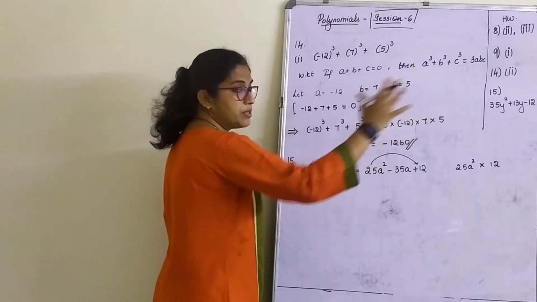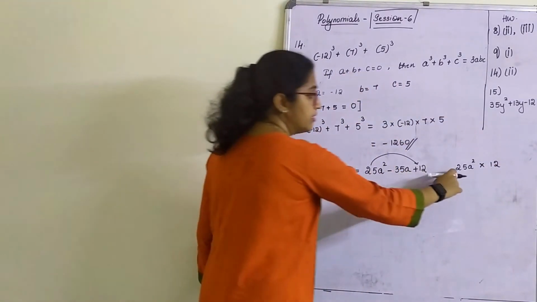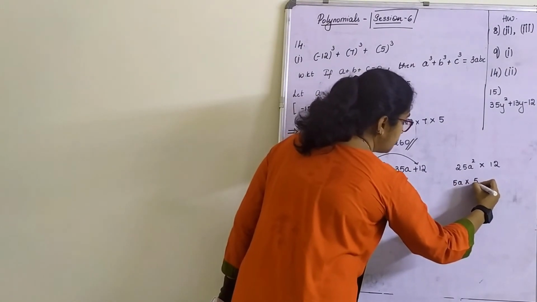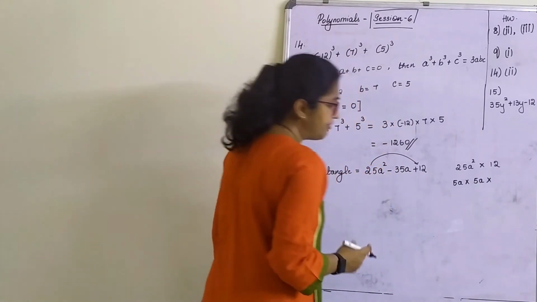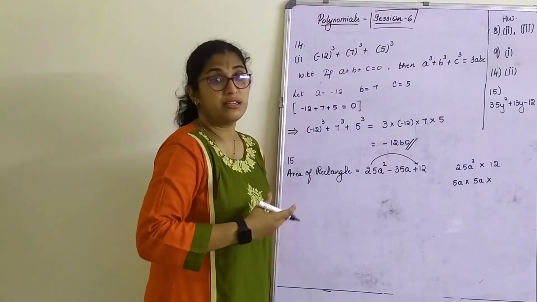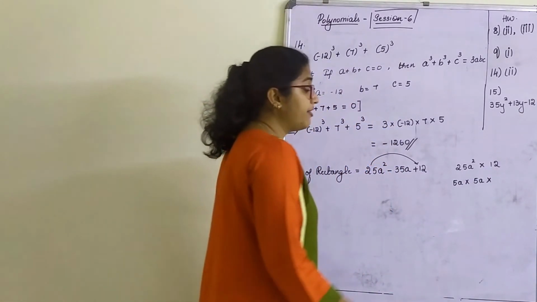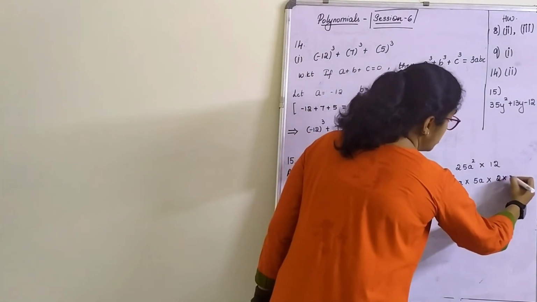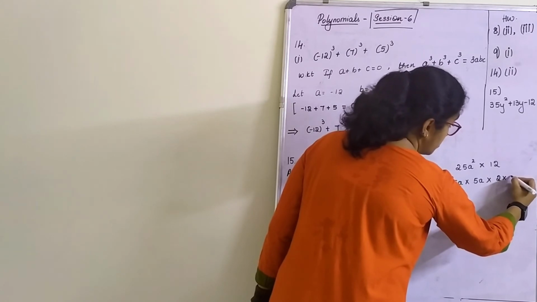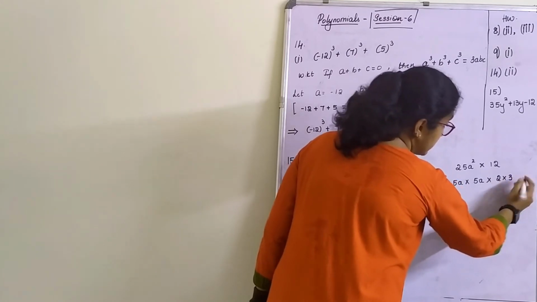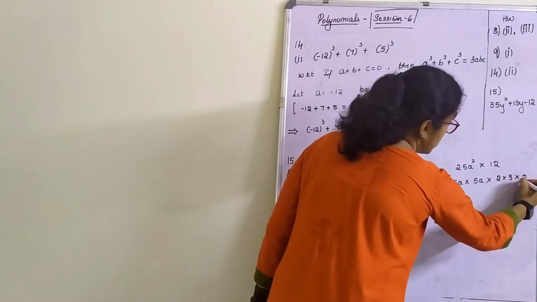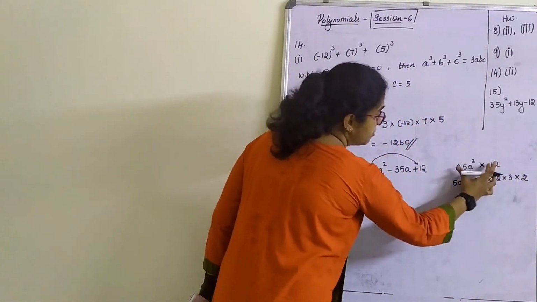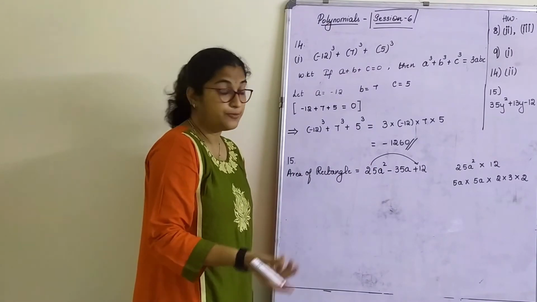I'll just write the possible factors. 25 can be written as 5a into 5a, or 25 into 1. 12, starting from the simplest prime number, 2 sixes are 12, and 6 can be written as 2 threes are 6. Is it correct? See here, 25 into 12 I have got here, right?